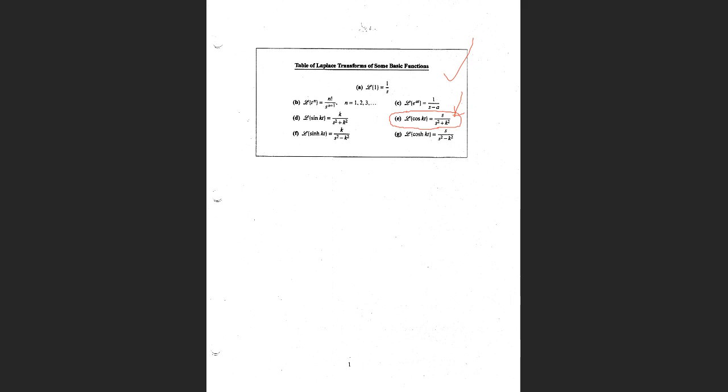What we have to do is manipulate our problem so we can make use of formula E. So what do you think we need to do to this expression here? Zachary says factor out a 9, or take out a ninth. That's right, so let's do that.